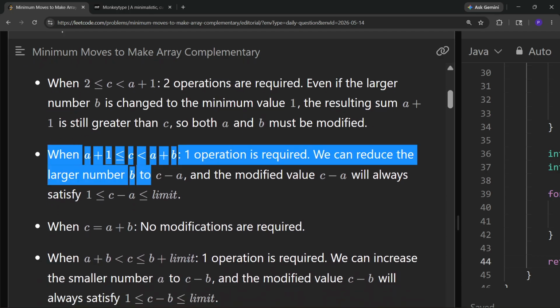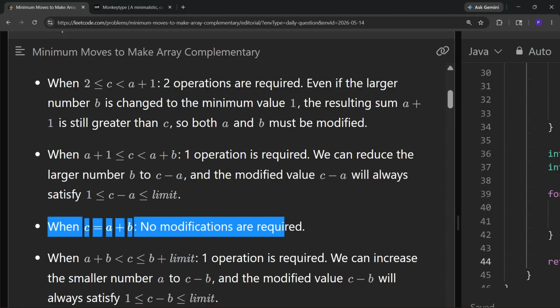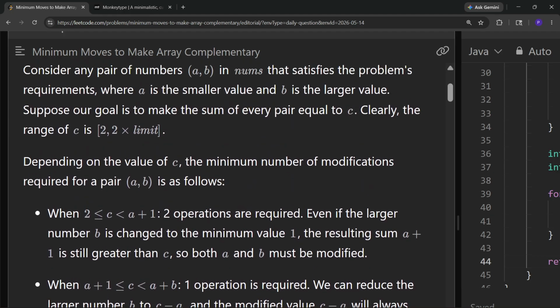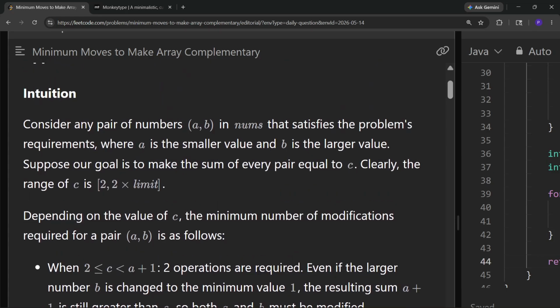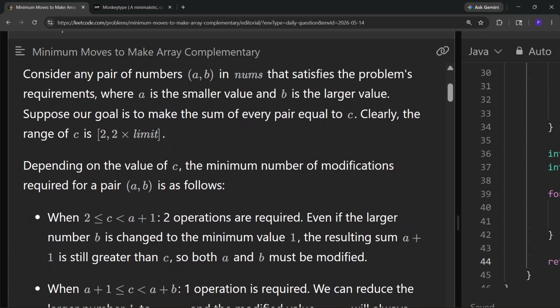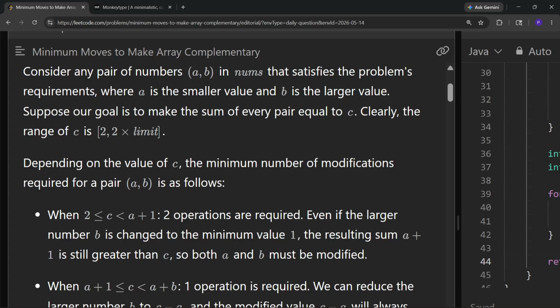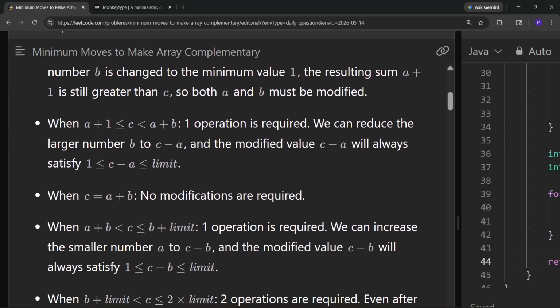Then we have the second case. Okay, I mean this is obvious. A plus B, no modifications needed. If I have A that is less than the sum, what is C? C is equal to the sum, equal to the pair.